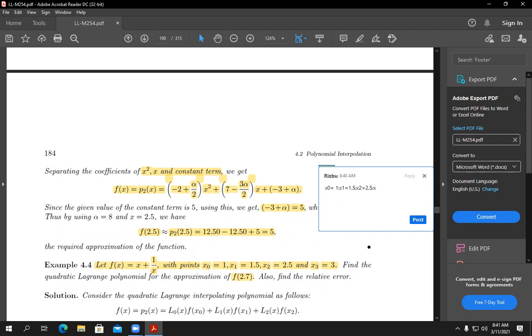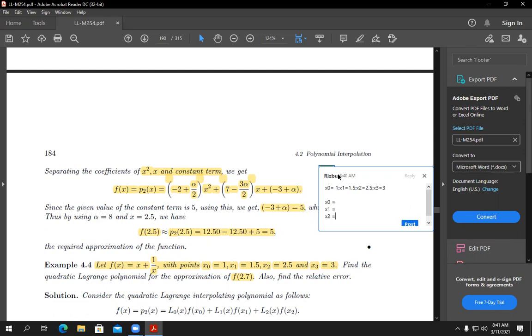And x3 is 3. This is given by the teacher, and we have 4 points. But you remember I told you, when we use a quadratic polynomial, we need what? Only 3 points. And the 3 points are these ones.